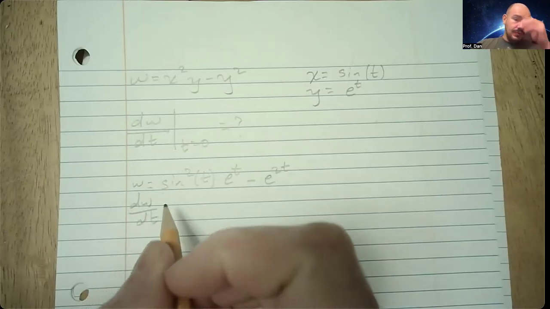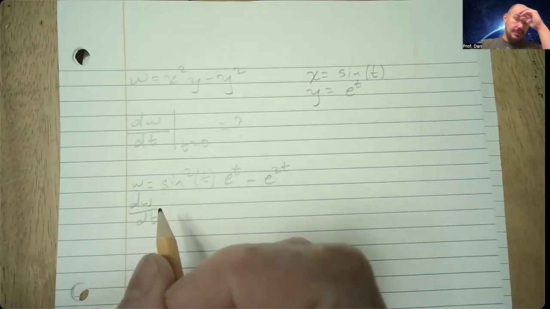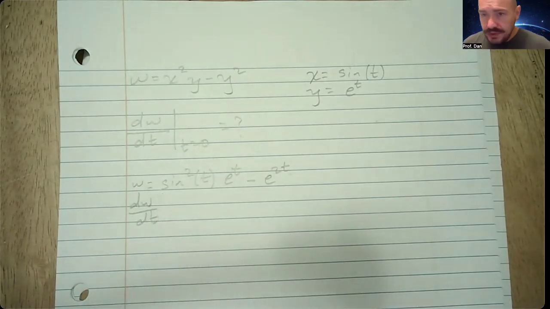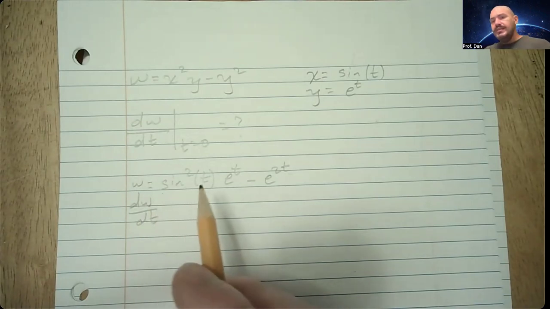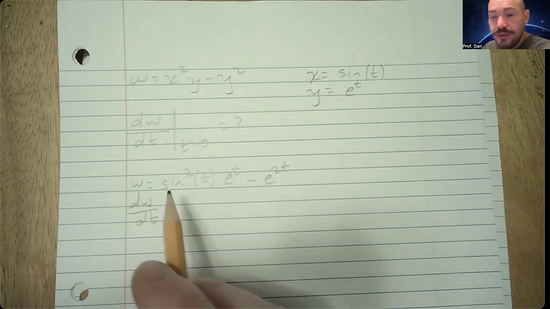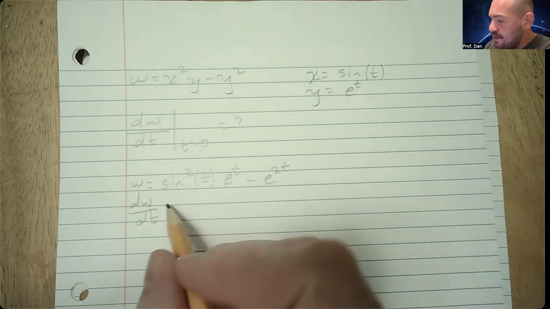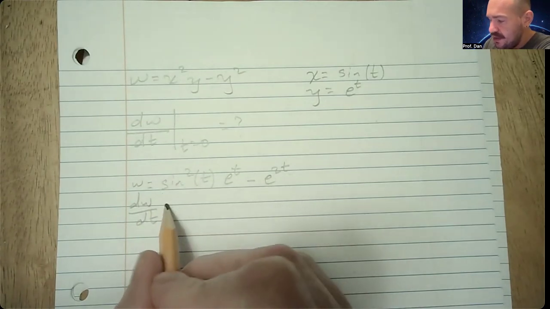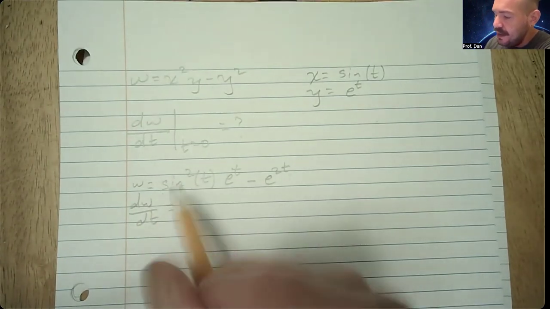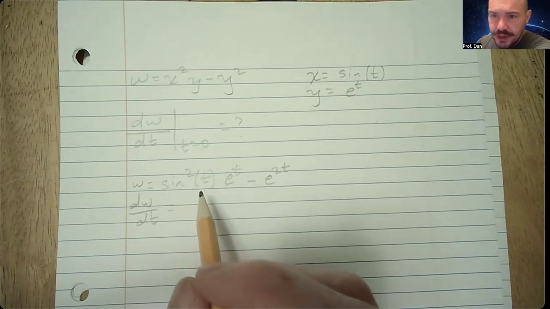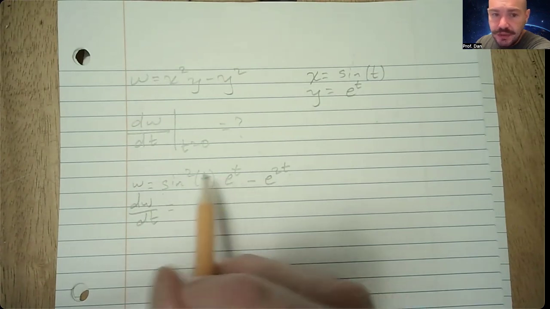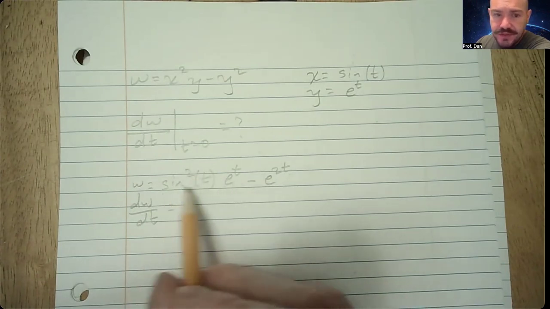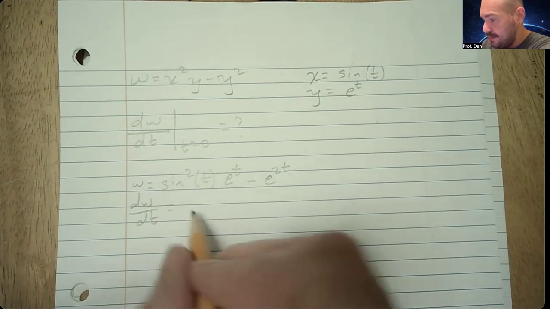I would be taking a regular derivative, what we would call an ordinary derivative, as opposed to a partial one, because now w is written as a function of only one variable, t. If I were to do it this way, it would involve a couple of things. First off, product rule for that first term. Then when I take the derivative of the first factor, I have to use chain rule.